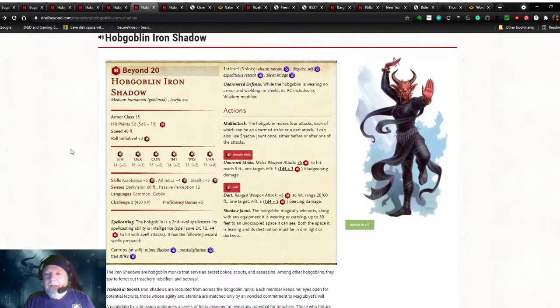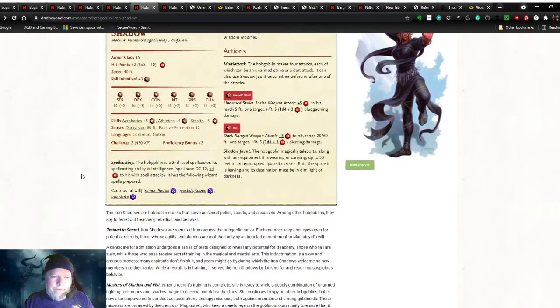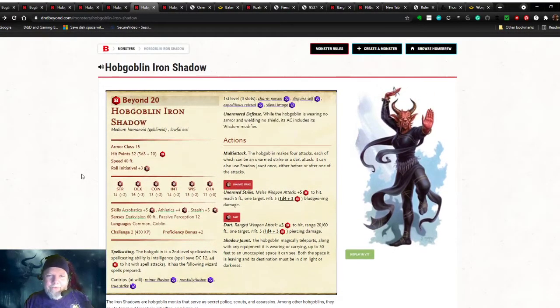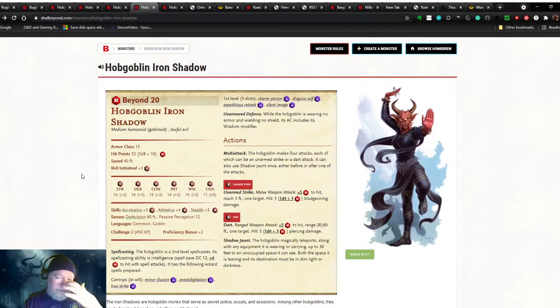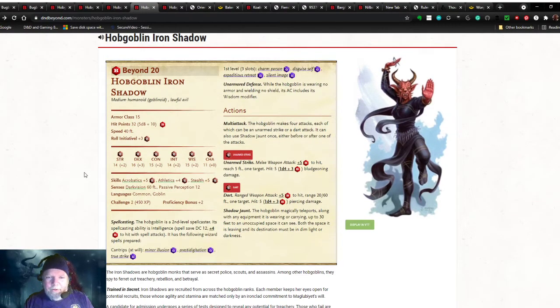Then you have the Hobgoblin Iron Shadow, that one that we were looking at before. And this is kind of the Hobgoblin Arcane Monk. It's a monk with spellcasting ability and the ability to fight like a monk does. So armor class 15, 32 hit points, 2nd level spellcaster, so it has cantrips and 1st level spells, and uses intelligence for those, so probably wizard spells.